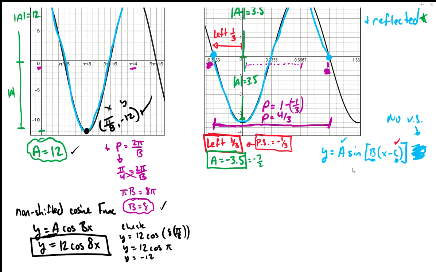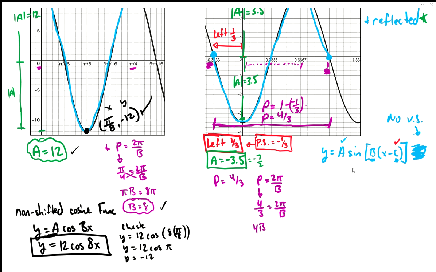So our period is 4/3, but like the last problem, we need to make sure we remember the equation. The period is 2 pi divided by b, so we can change the p into 4/3 and then solve for b. So I'm going to cross multiply.